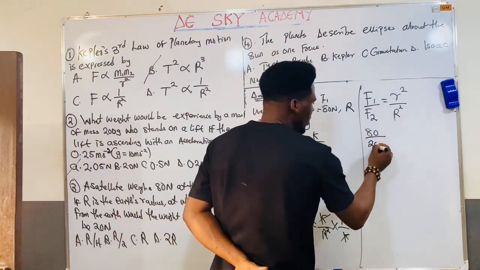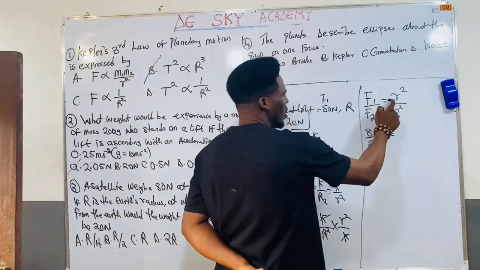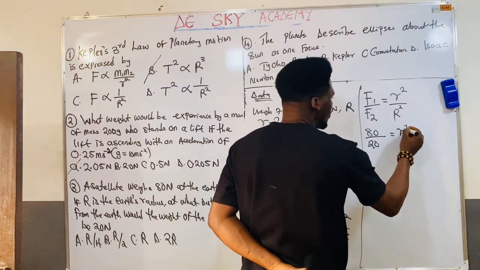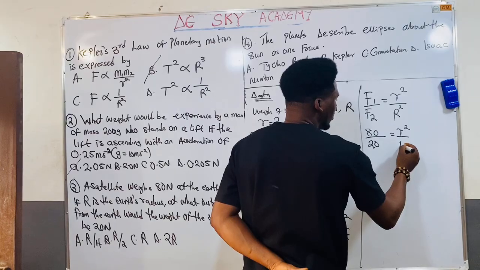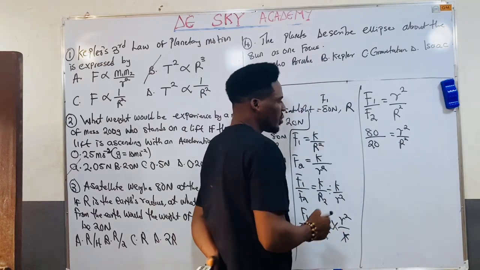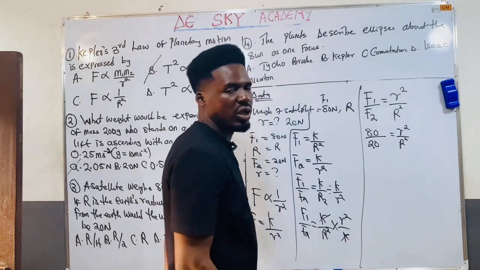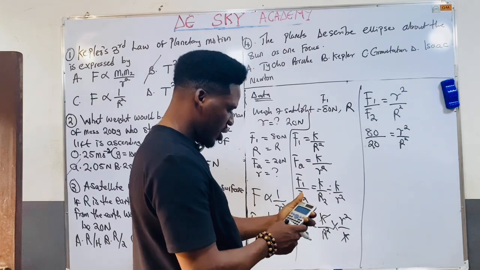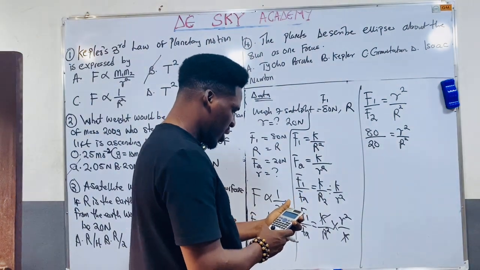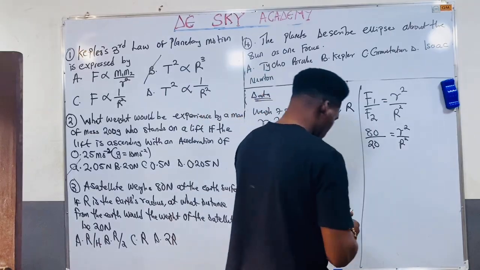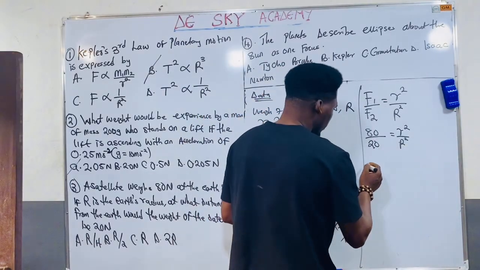F2 is 20, is equal to, what am I going to have here? r square all over R square, right? 80 divided by 20, that should be 4.